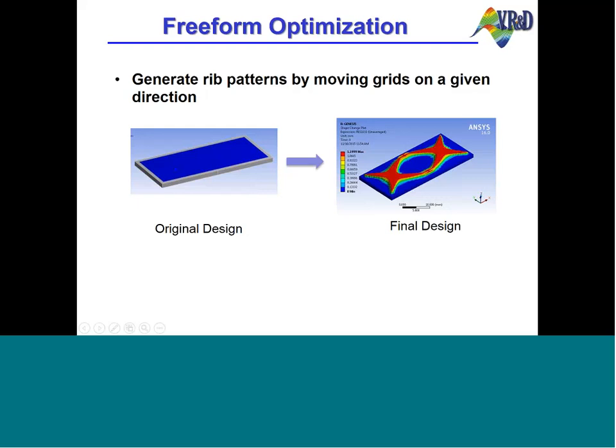In this example, it tried to move the grids on the top and the bottom surface, and then it generates this rib pattern. By creating this rib pattern, it also makes the structure stiff, and freeform can also be used to reduce the strain or stress concentration.